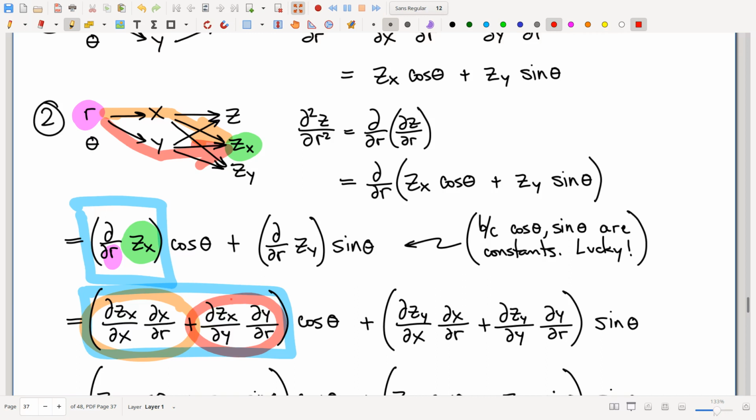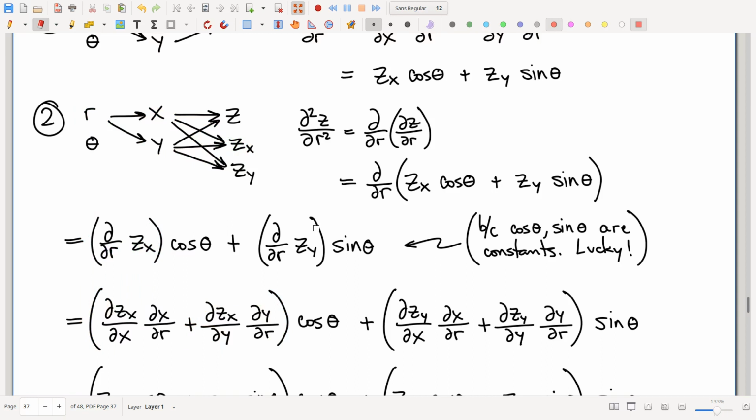Okay, so now let's see here. I will now come over here and look at, we need to take the partial of Zy with respect to R. And again, I have two different paths.